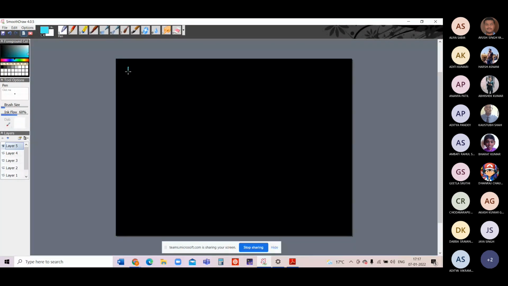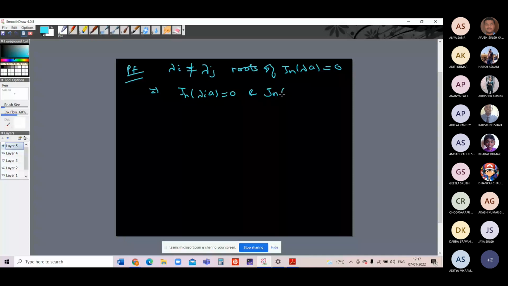Okay, so first of all, here we are taking lambda i not equal to lambda j. First case is when lambda i is not equal to lambda j, and they are the roots of Jn lambda a. It is given Jn lambda a. These are the roots of this equation. Therefore, it will satisfy Jn lambda i a must be 0 and Jn lambda j a will be 0.